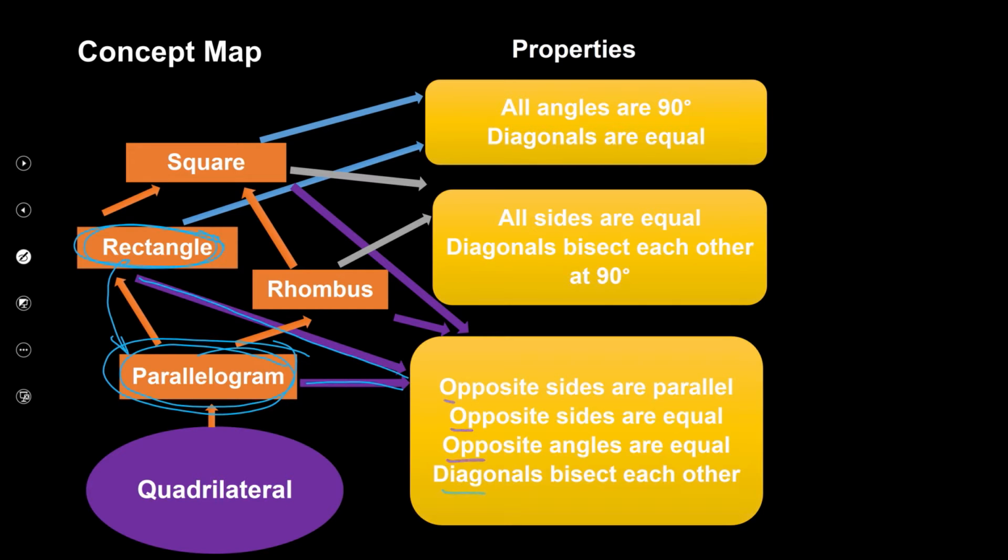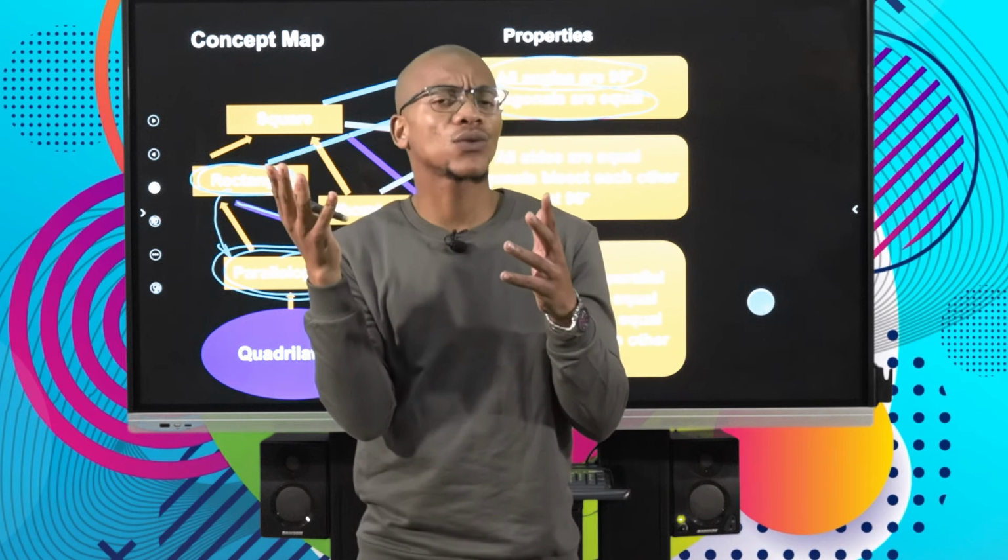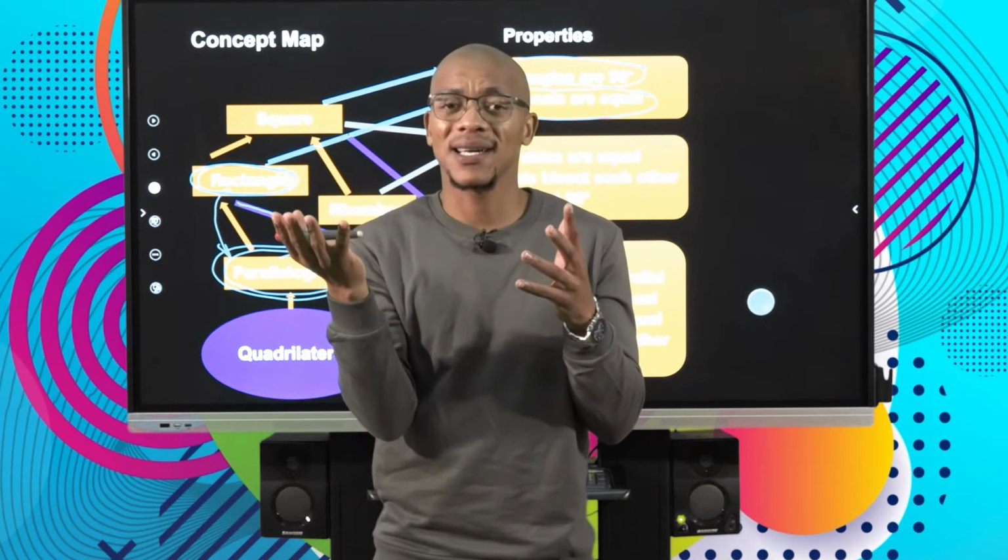A rectangle is a parallelogram, but what makes it a rectangle and not just a parallelogram will be the 90-degree angles that we introduce there. Hence, you can see that it goes up there again to say the angles are 90 and the diagonals are equal to each other. So those are the interesting properties of what a parallelogram is with respect to what a rectangle is.